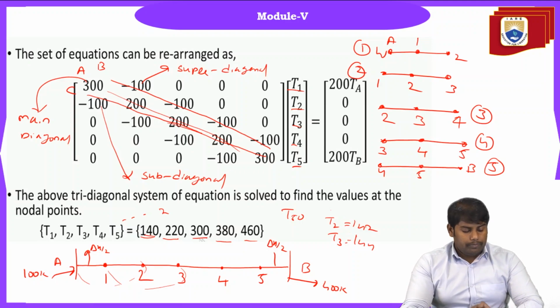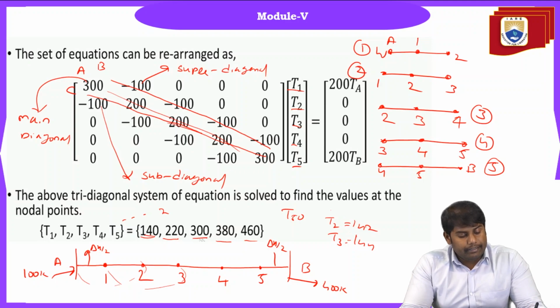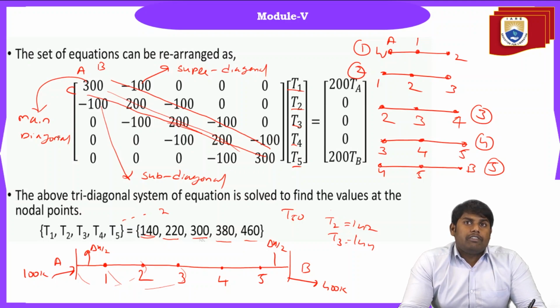Okay, so this is what we have seen for the numerical problem which has the diffusion equation, where we have taken a 1D element. For the 1D element, we have seen the heat diffusion equation, with the left boundary and right boundary temperature applied.